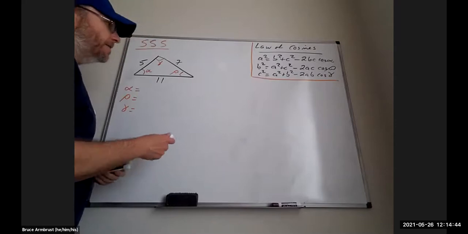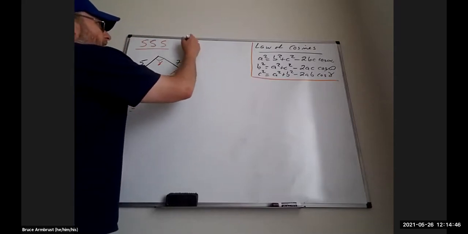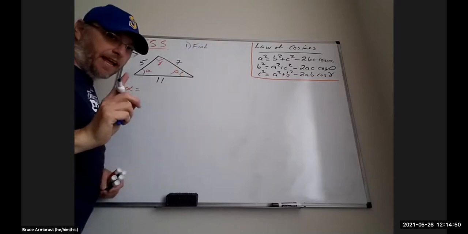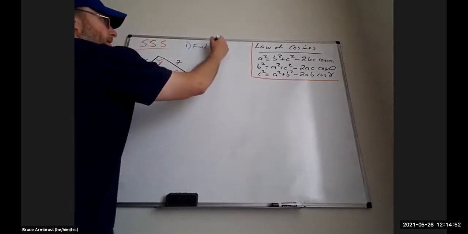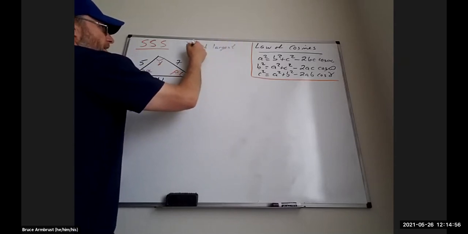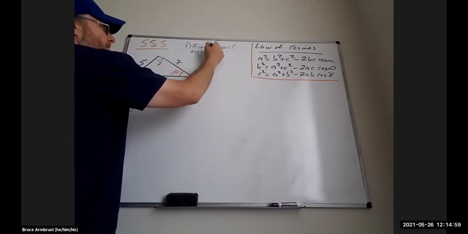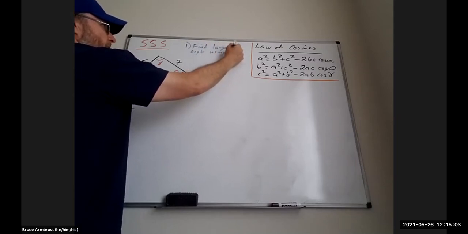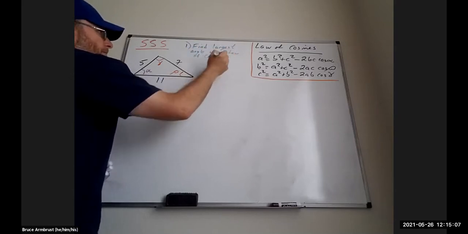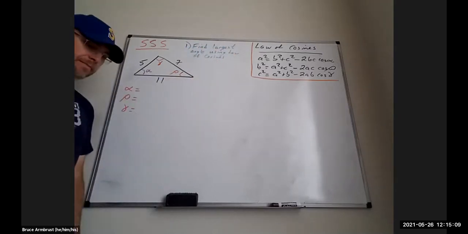All right, so we're going to find an angle first. And for this one, I'm going to suggest that you find the largest angle first, using the law of cosines.